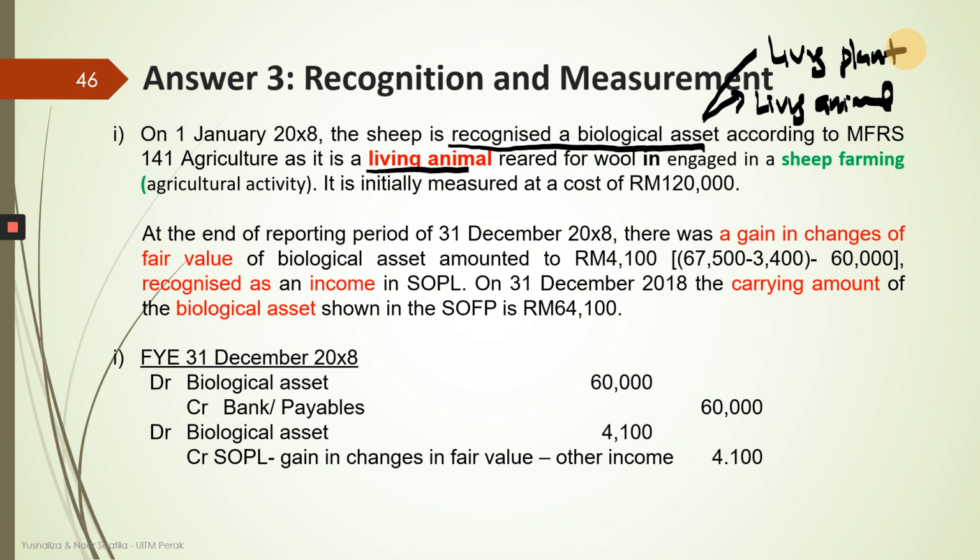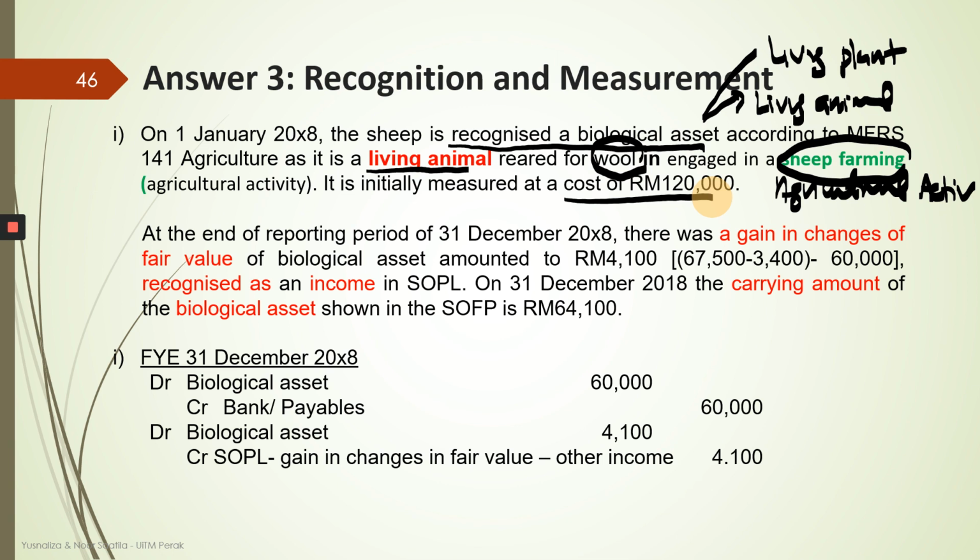The agricultural activity managed by the entity in our case is sheep farming, but more specifically, not for milk, not for meat, but for wool. Maybe the wool will later be turned into a jacket or a carpet. And it was initially measured at cost.